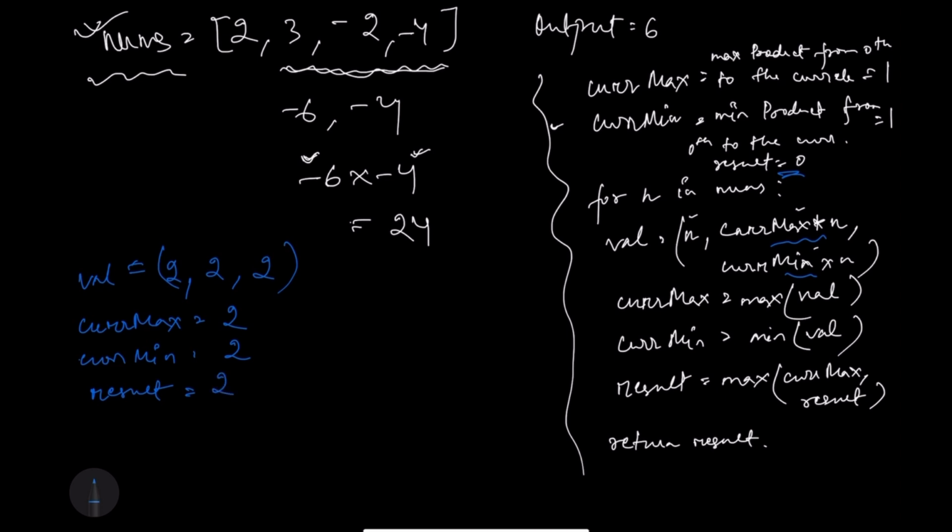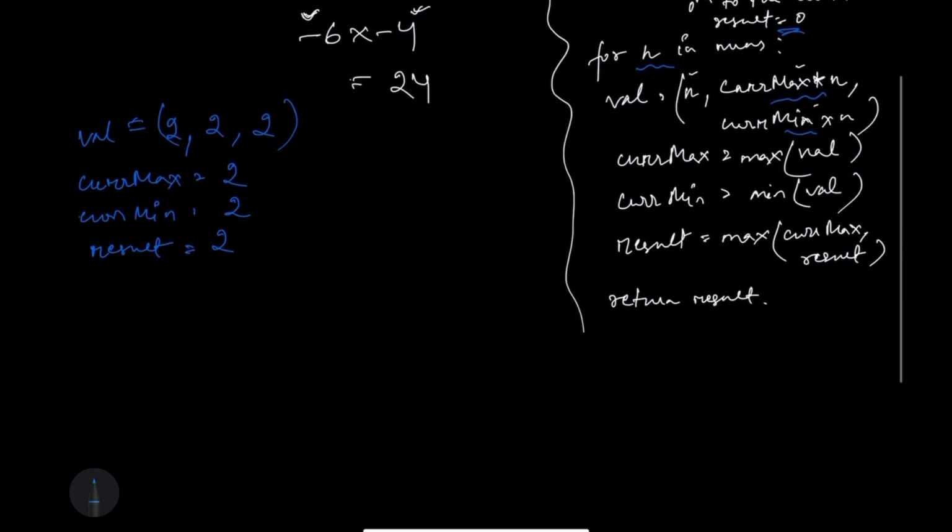So when we iterate through our second element, now when we come here, 3, what will happen? Now for the current max, this is current max into the present number. If you would do that, we would get 6. If you would do current min into the present number, we will get a 6.